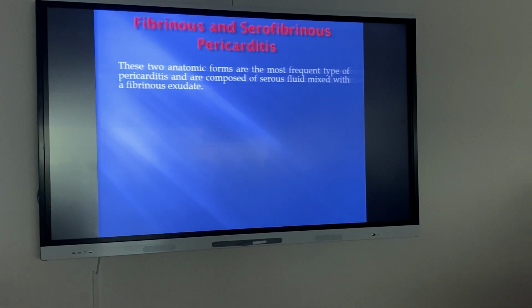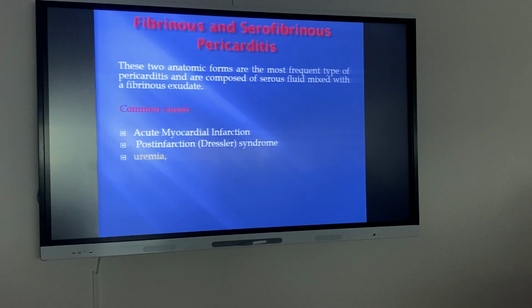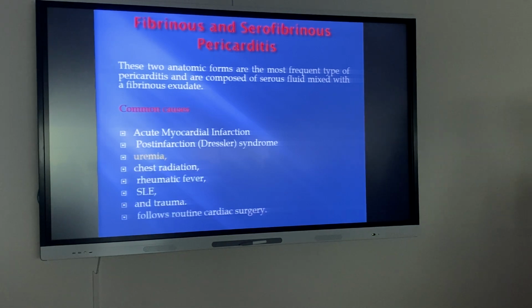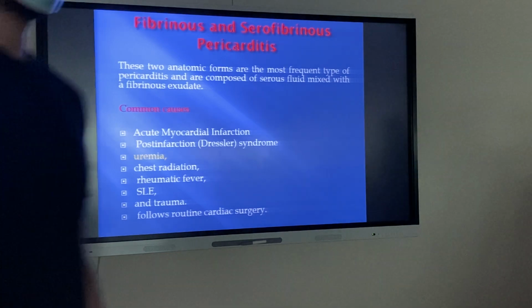So fibrin is also there with the serous fluid. Causes include myocardial infarction, post-infarction Dressler syndrome, and uremia is very important. Uremia causes fibrinous pericarditis. Chest radiation, as I said, if a female had breast cancer and radiation is given, can cause it, as can rheumatic fever, SLE, trauma, and following any routine surgery.